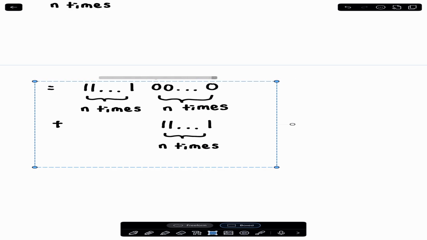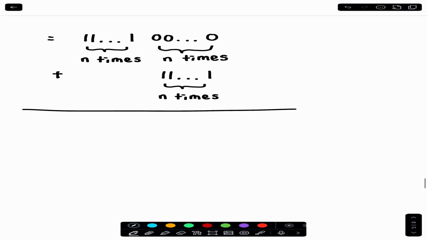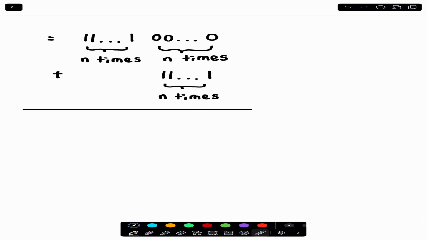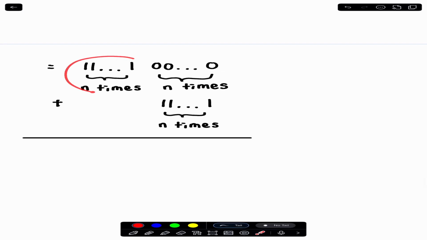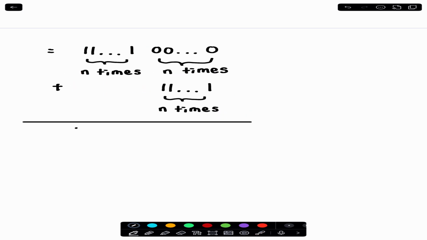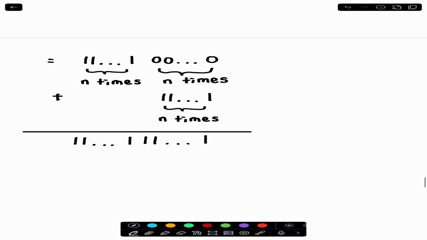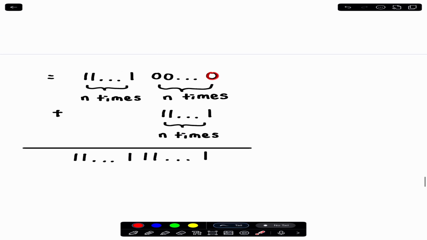But indeed, when we add everything up column-wise, we have n ones and n ones that all line up perfectly. So we have the first n ones followed by a second group of n ones, where we have no carryover because all of these are zeros. Zeros and ones do not carry over.